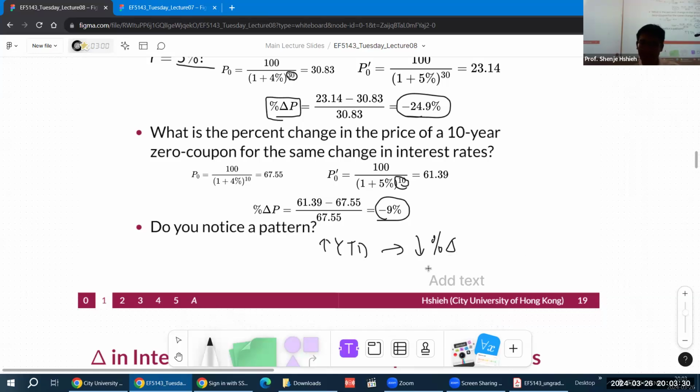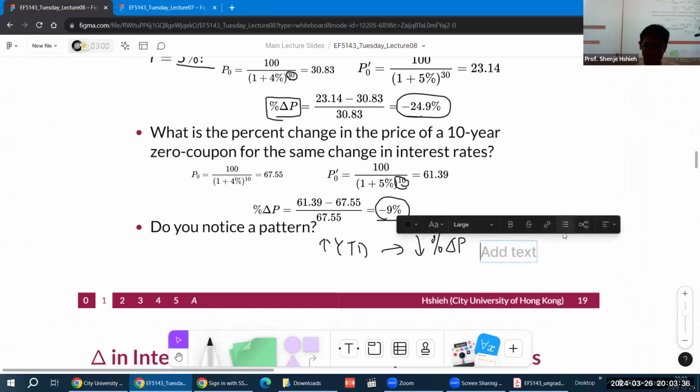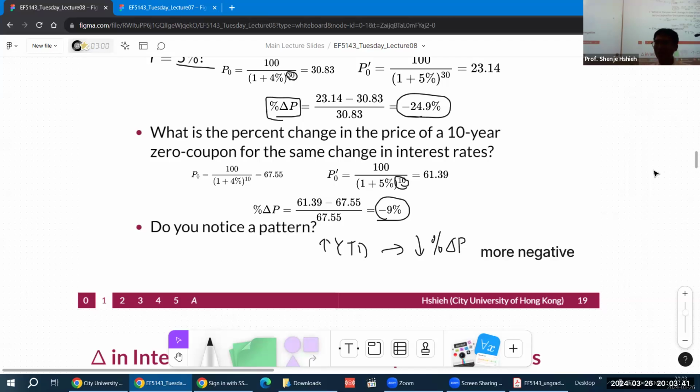Sorry, yes, decrease, because it's more negative. More negative. So maybe you're thinking, well, maybe if I change the maturity from 30 to 10, that would mitigate my exposure to interest rate fluctuations. That's partially true. Okay, that's partially true.